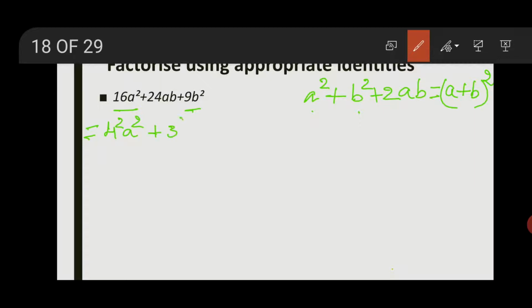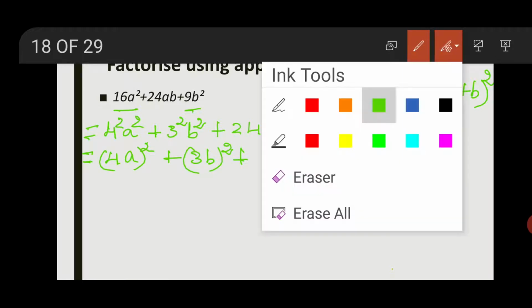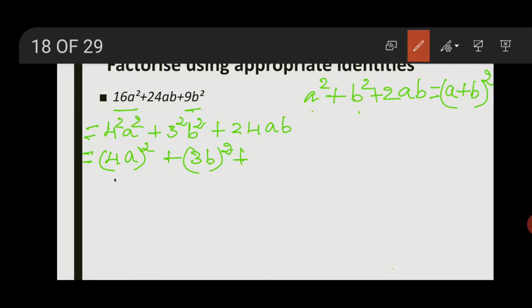I will write 9b square first. 9b square is equal to 3 square b square, plus what is remaining here, 24ab, keep as it is. Now 4 square a square we can write as (4a) whole square, plus (3b) whole square plus 24ab. Imagine this is a and 3b is b.